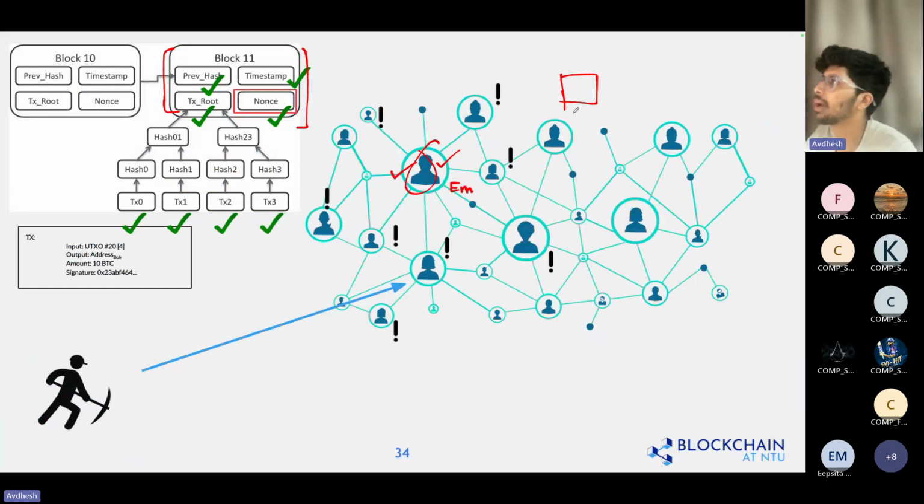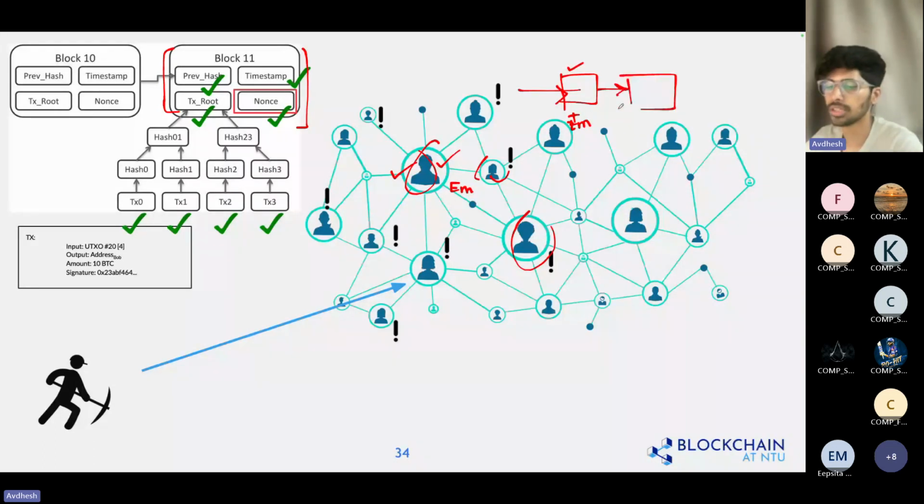Emmanuel's block has been verified by everyone, and all the other miners next to him will just say, this is verified, now we'll start another block, and they'll do this repeatedly.